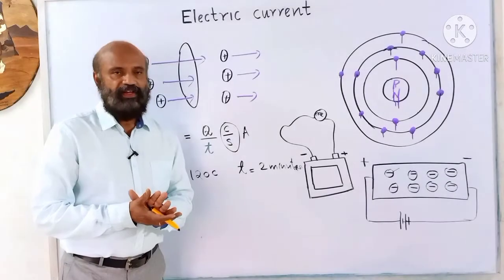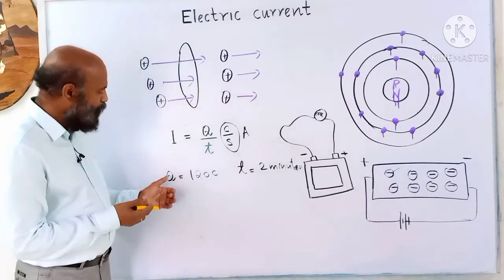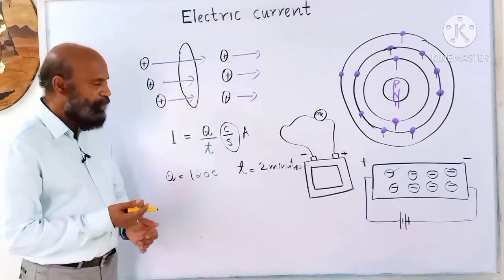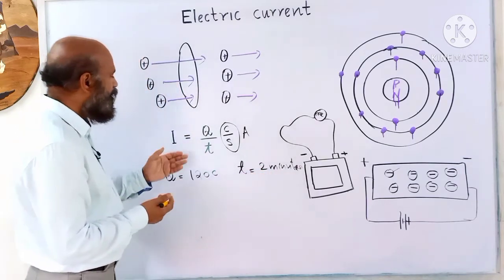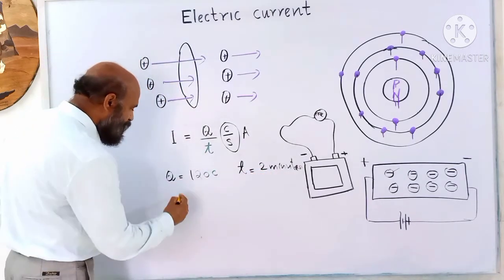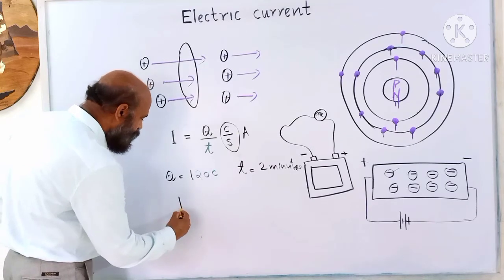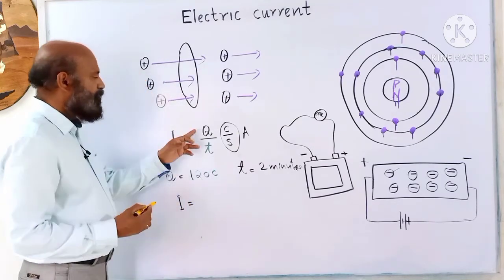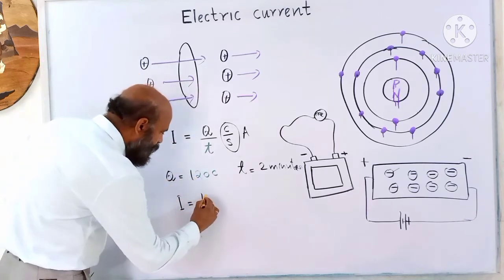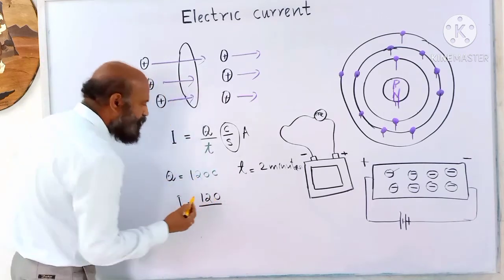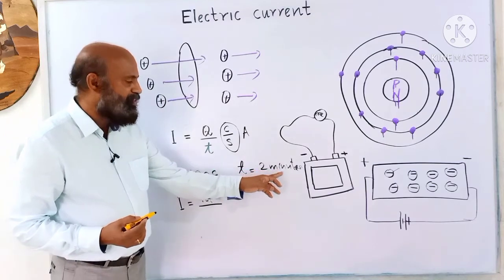Now let's find the current when a charge of 120 coulomb passes for a time of 2 minutes. We can substitute in this equation. Current I is equal to charge divided by time. Charge we can put 120. But here time is given in minutes.